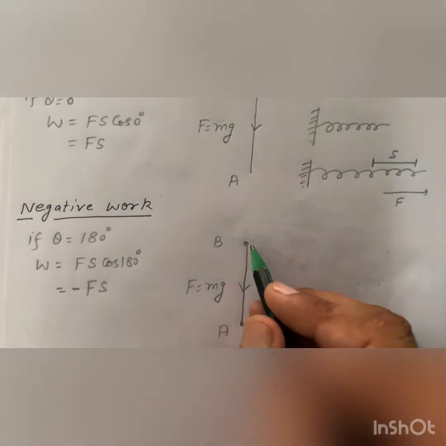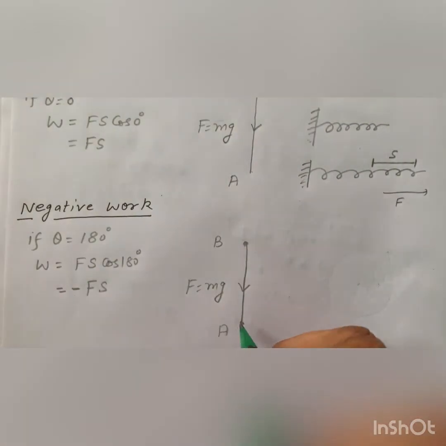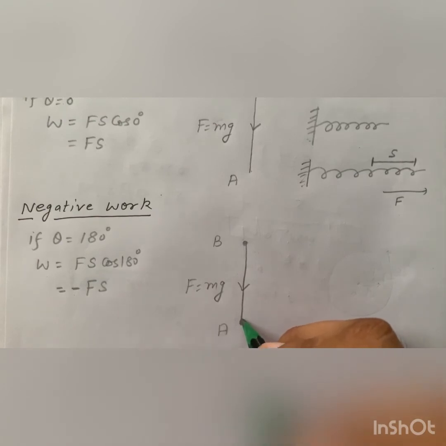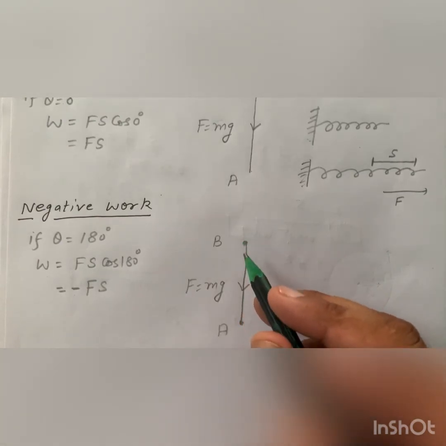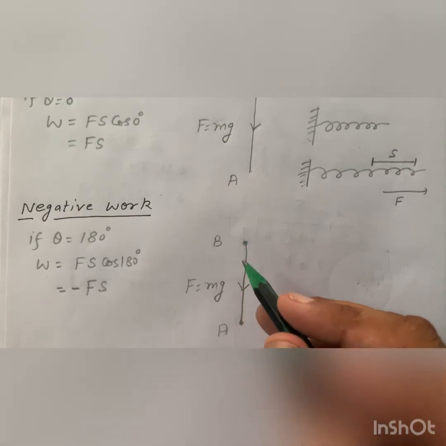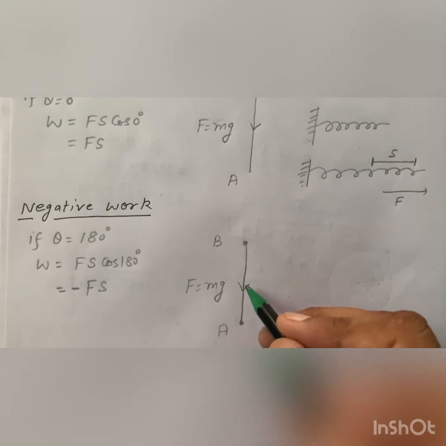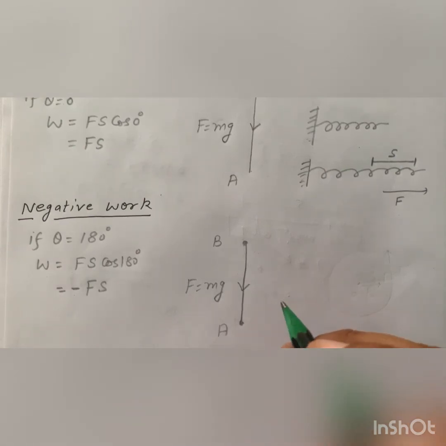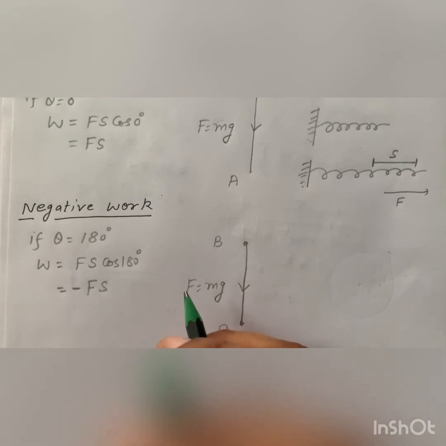For example, here the body is at position say A and it goes from A to B. Here we see displacement of the body is in this direction and force acting is in this direction. So the angle between force and displacement is 180 degree. So in this case we say the work done is negative. Another example is when brakes are applied to stop a moving car, the work done by the braking force is negative. This is because the direction of the braking force and displacement of the car are opposite.